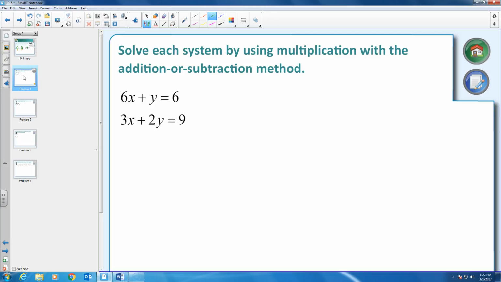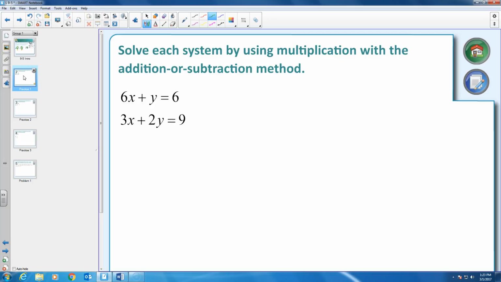And remember, the whole idea when we're using addition and subtraction is we need to eliminate a variable. So you've got to look up here and decide, do I want to get rid of x's or do I want to get rid of y's? So I'm going to go with x's just because one is a multiple of the other. See what I mean by that? 3 goes into 6.